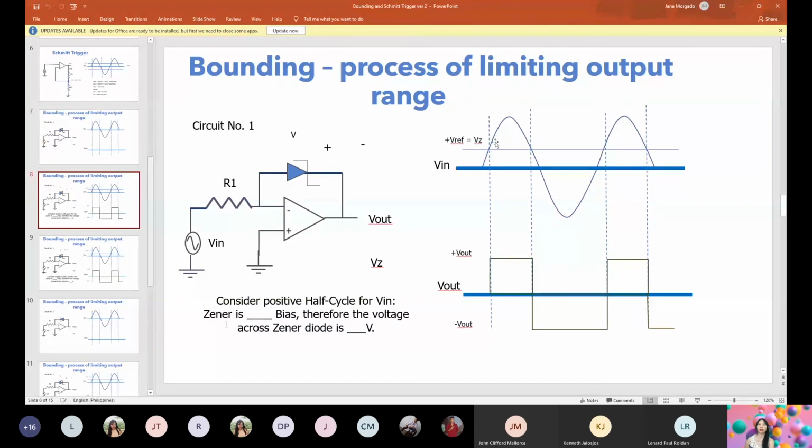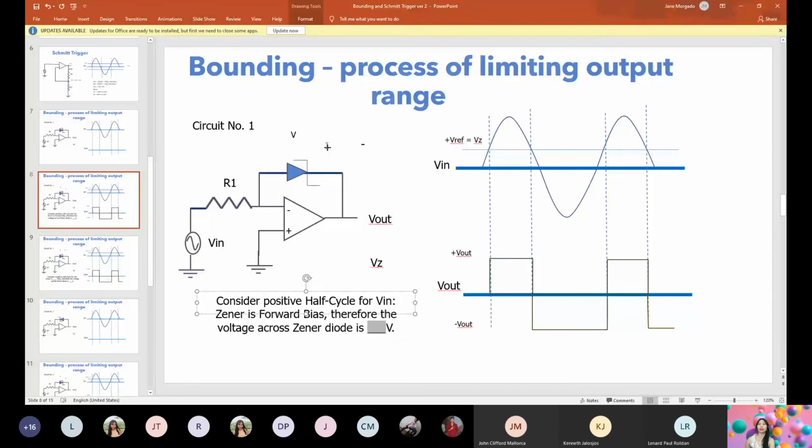Let's see. Consider a positive half cycle for Vin. If this is the input positive half cycle, what is the bias for the Zener diode? Forward, reverse? Forward. Okay, so we have forward bias, therefore the voltage across the Zener is forward bias.